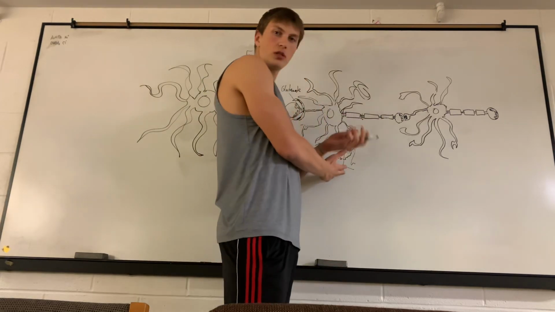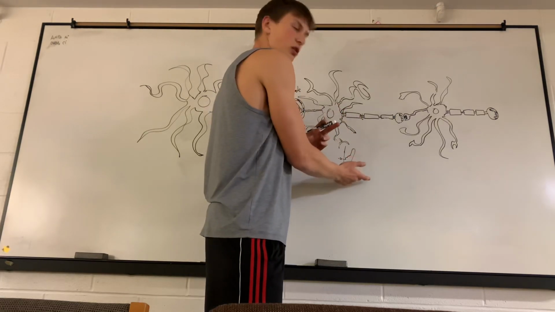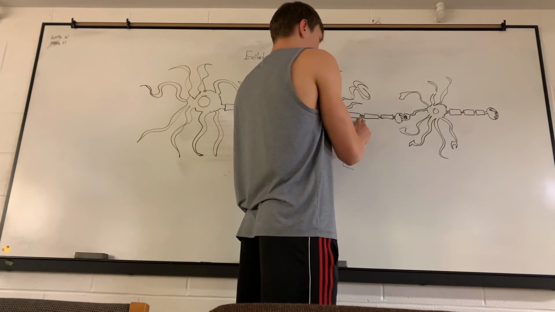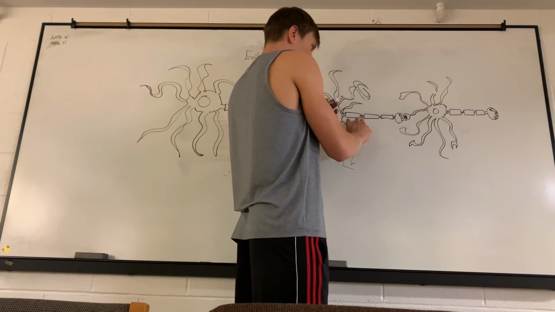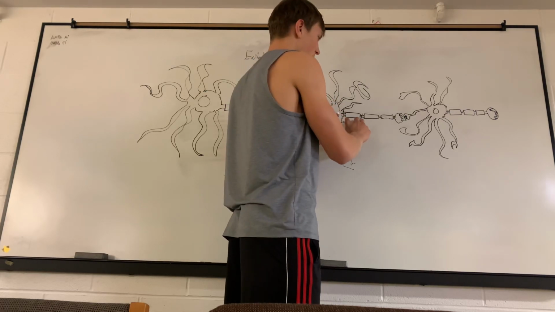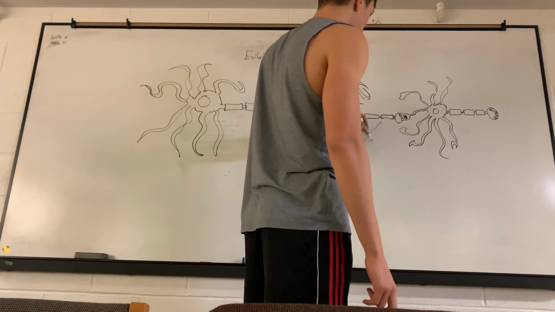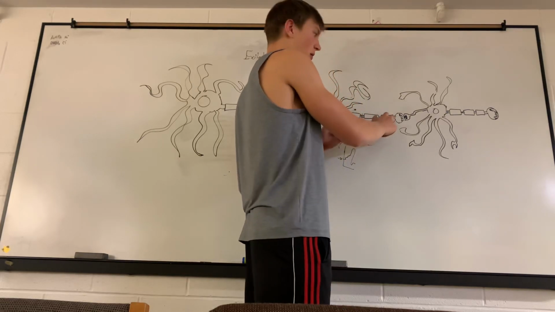And then of course voltage-gated potassium channels also open up, allowing for this classic shape to occur. So sodium will diffuse down through the myelin sheath, and then another action potential will occur at each node as the action potential is propagated down.